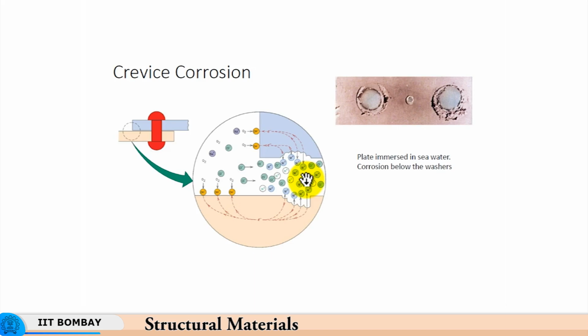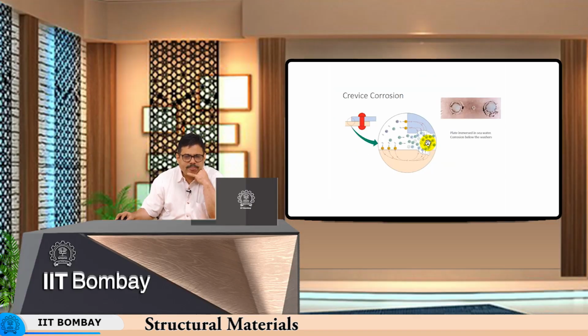So, as you see here, the chlorine ions enter the crevice, and because there is no draining out of these M plus ions, they get concentrated over here, and there is a formation of the reaction product. This reaction product is porous, it is not tenacious, it does not protect the surface.